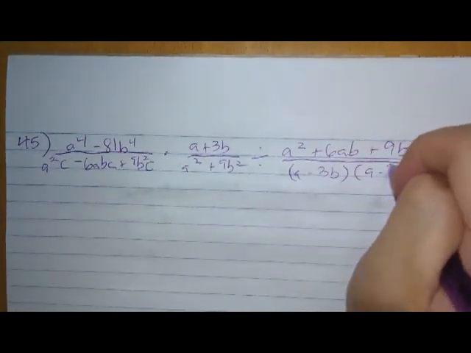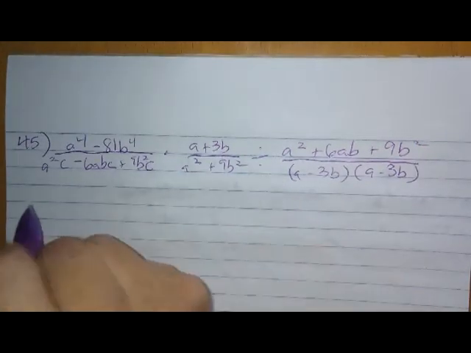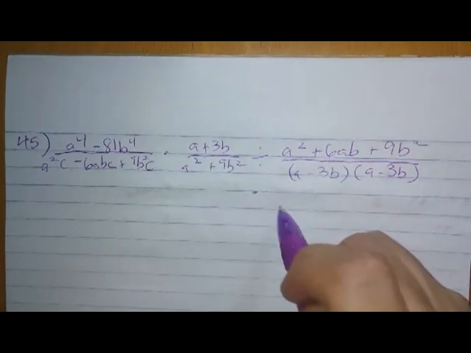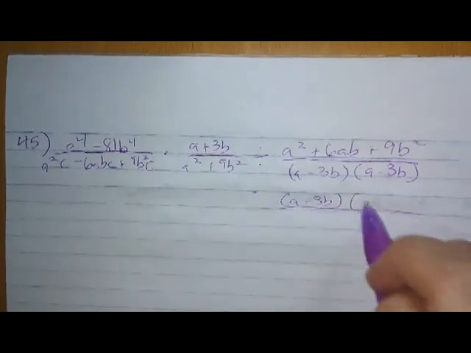I guess that wasn't necessary. Okay, because we've got to take the reciprocal yet. So if I take the reciprocal, the a minus 3b's are on the top.